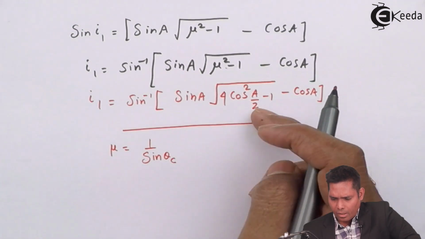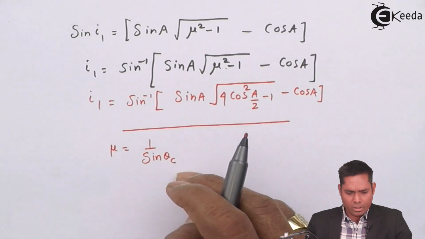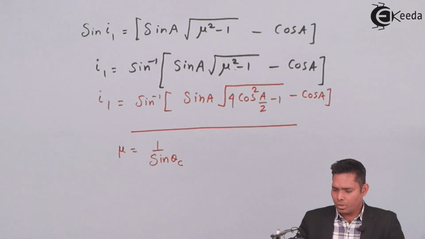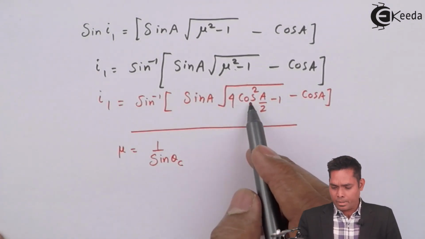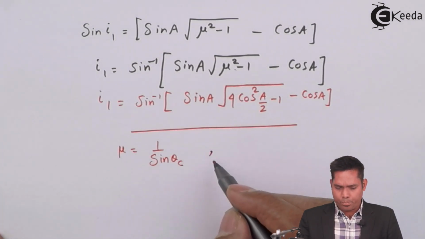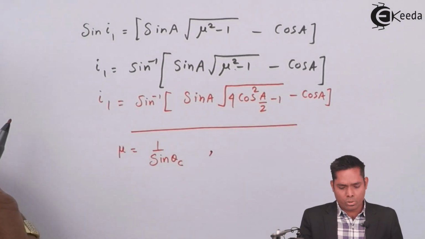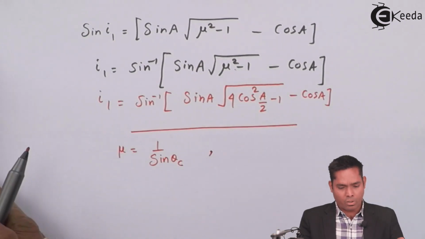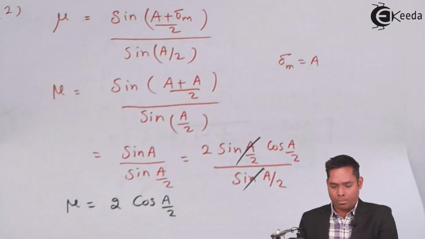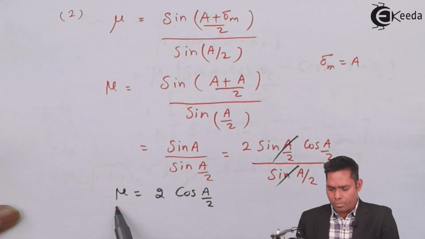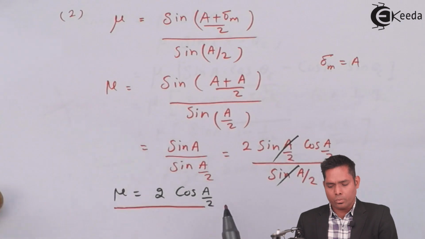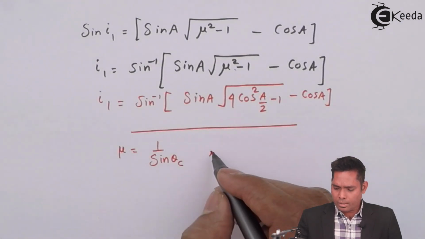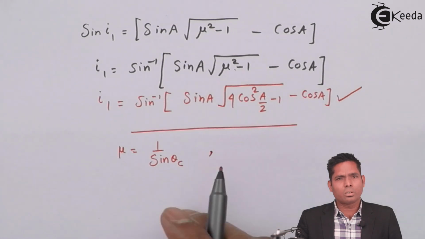This expression can be used from the expression that we obtained in the previous option number 2. In option number 2 we got mu equals this one, so squaring this will become 4 cos square A by 2. Substituting that, we'll have this value. So this option is also correct.